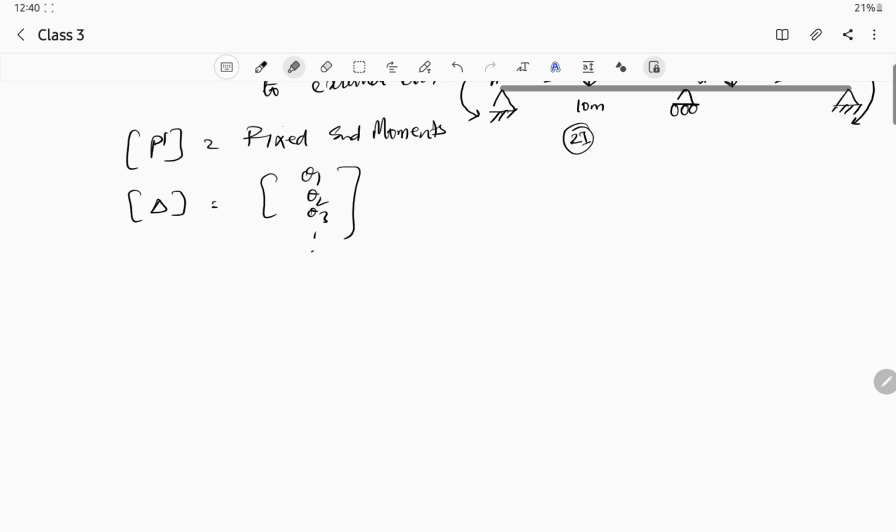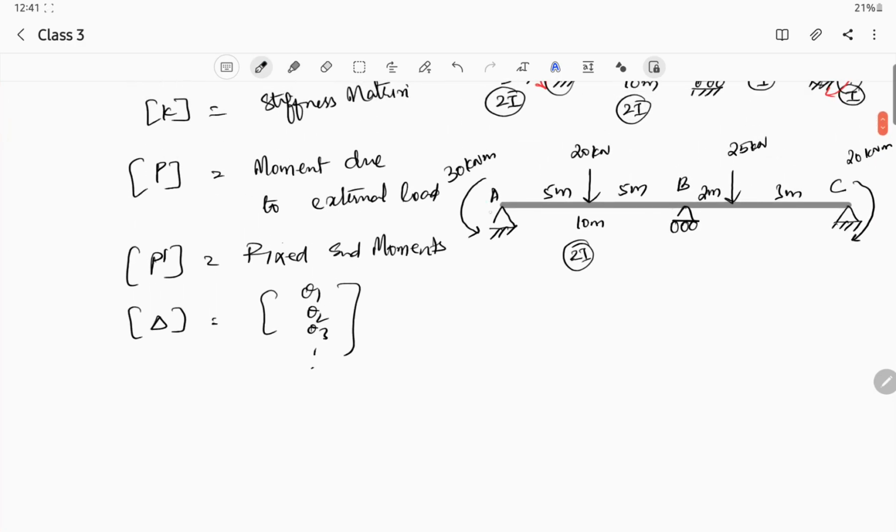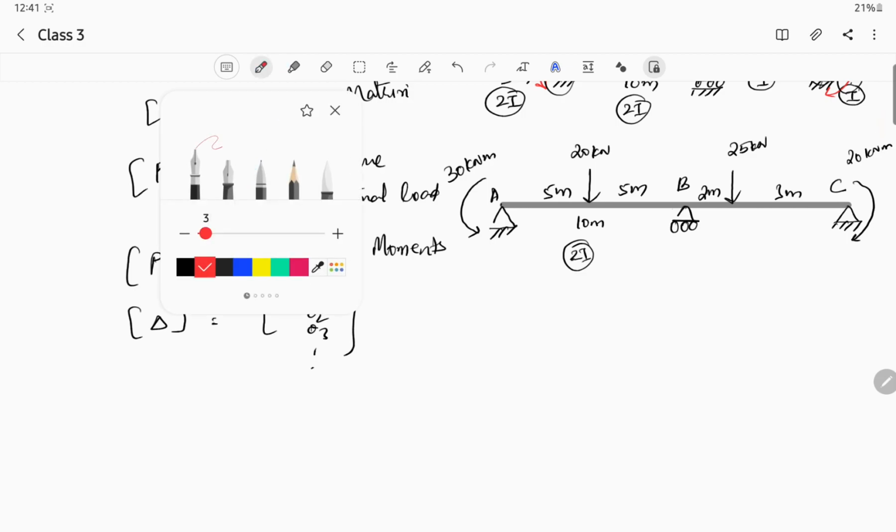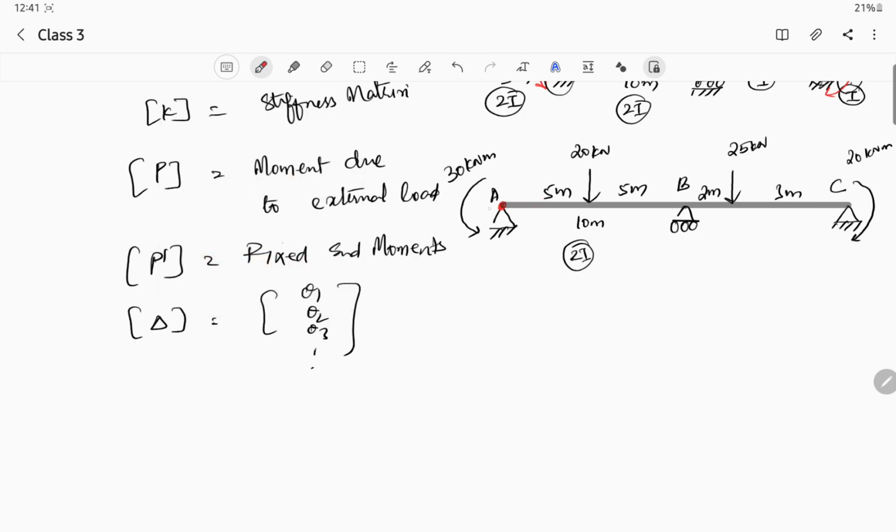What we used to do in the case of this beam, particularly at this location, at point A, is try to rotate our joint. So I'll name this point node 1, then node 2, then this as node 3.